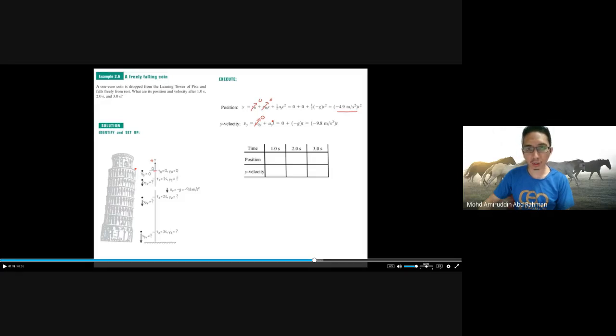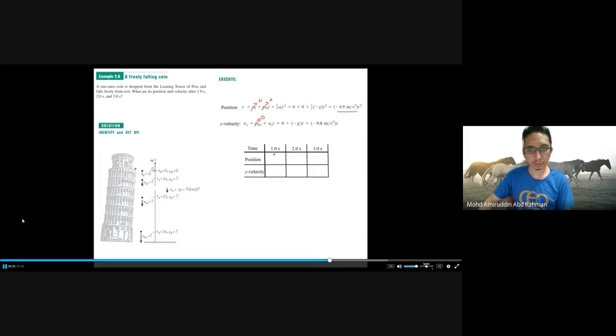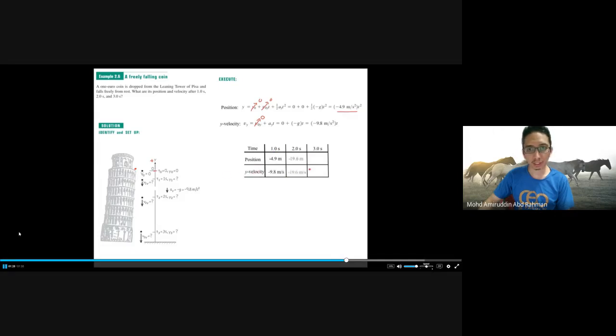Basically what you need to do is just use the equations to fill out a table of position and velocity at these respective times. You just insert the time.